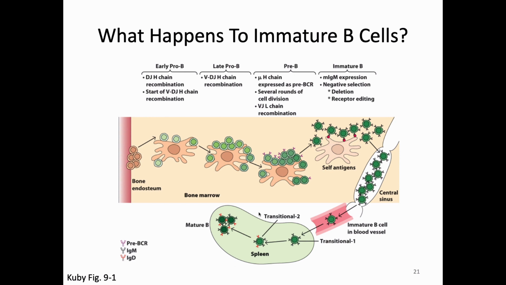If you recall the constant regions downstream of our VDJ region, the constant regions encoding IgM and IgD, so these exons, are the first ones. So the M and the D, the mu and the delta, are first, and they are the first ones made by the cell.